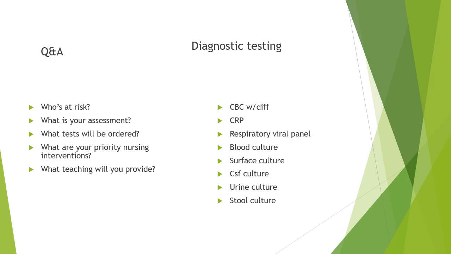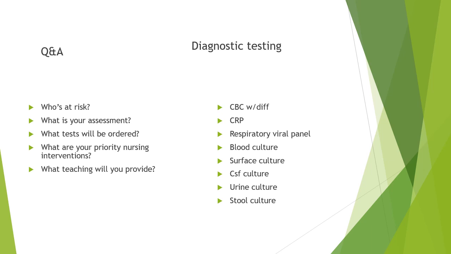Respiratory viral panel, those give us information about a whole variety of respiratory illnesses, if you have someone presenting with upper respiratory symptoms. And then a whole bunch of cultures, blood, surface. So surface can be off of skin, the nose, throat culture.